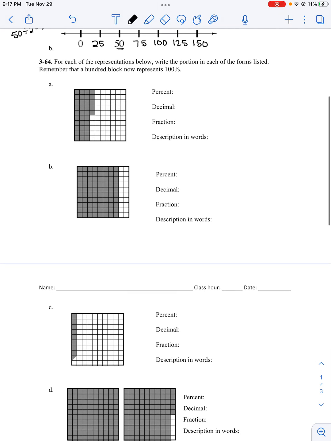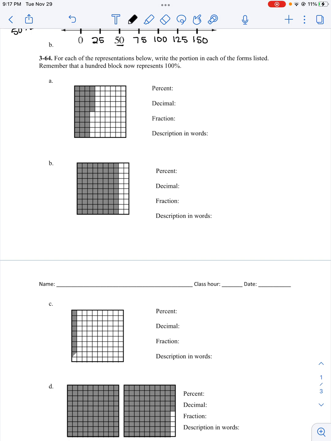Okay, so problem 64. For each of the representations below, write the portion in each of the forms listed. Remember that a 100 block now represents 100%. Okay, so for part A, I'm going to look at this block and say, okay, well, there's 10, 20, 30, 1, 2, 3, 4, 5.